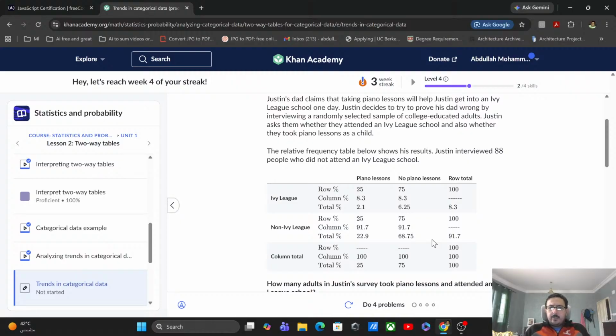So 91% non-Ivy League. Am I correct? 91% non-Ivy school. Okay. Out of the 88, equal 91.7. The next is the total of the Ivy school is 8.3.